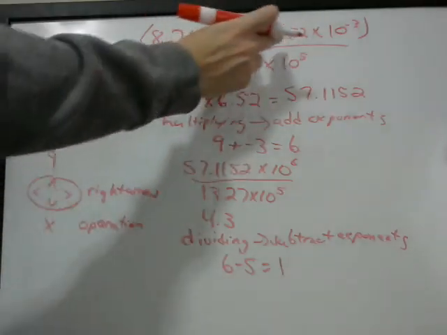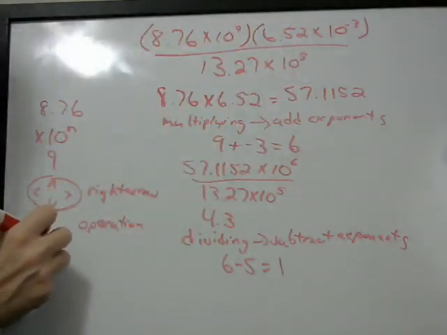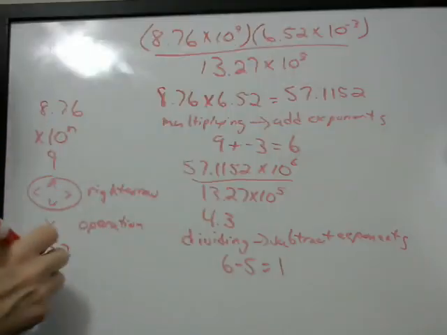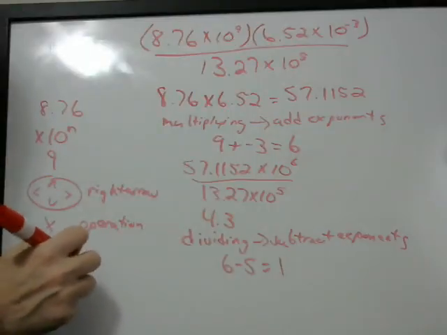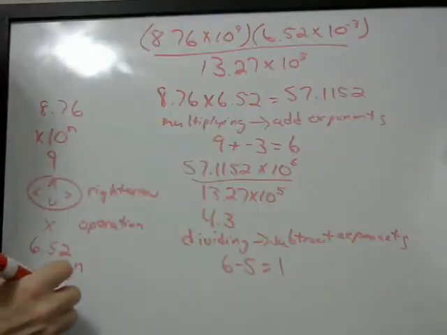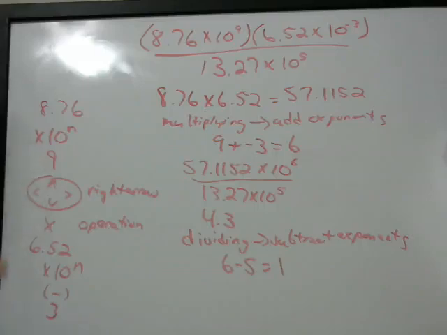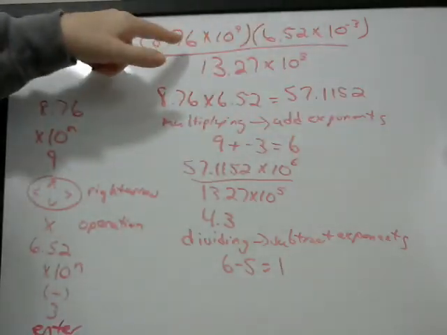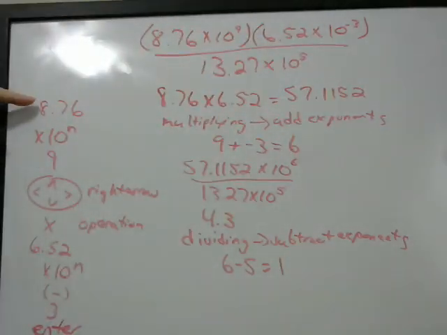Then you hit the base number, 6.52, the scientific notation button, and the exponent. Here we have a negative exponent, so make sure you hit the negative button and then the 3. To do the operation, you just hit enter. I'm not looking at the division, I'm just saying if you're going to multiply these two top numbers, this is how you would do it on that calculator.